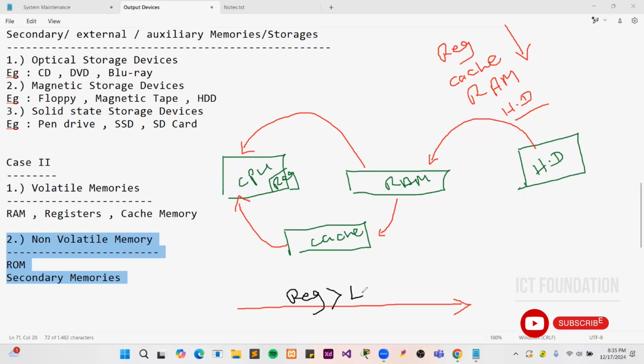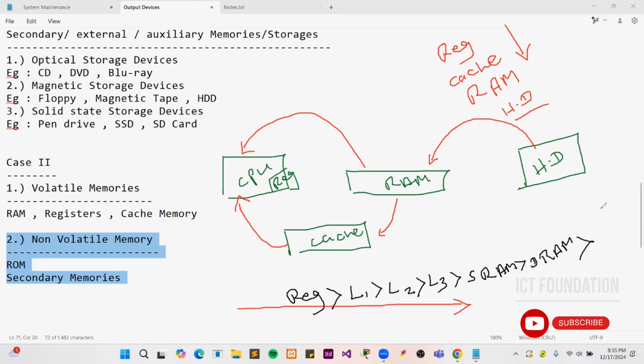Then cache memory has L1, L2 as well as L3. L1 is the fastest memory, after that L2, after that L3. Then RAM: SRAM is faster than DRAM, and DRAM comes after SRAM.